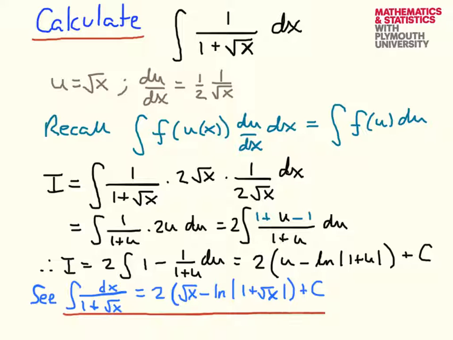So this is our result for the integral, and it's a good exercise to check this by differentiating it and seeing that if you differentiate our result, you get back to the initial integrand.